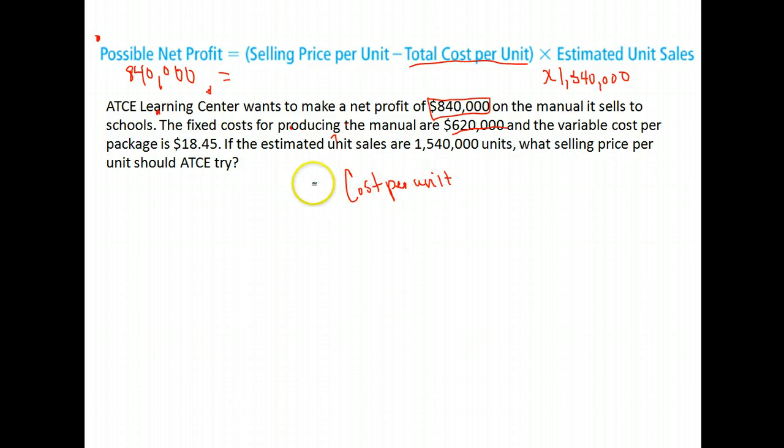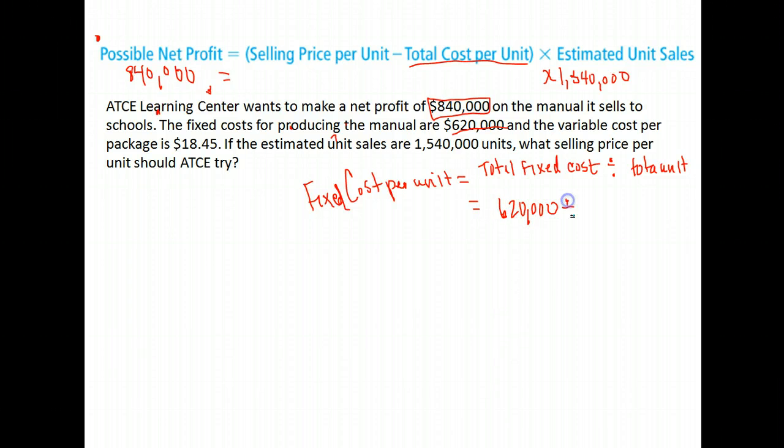So what we want to do here is first we have to find the fixed cost per unit. So what we're going to do is take the total fixed costs. Remember the word per means to divide, so we're going to divide that by the total units that we're selling. Okay, so the total fixed cost, it said we're 620,000, divided by the total units sold, and they're hoping to sell 1,540,000.